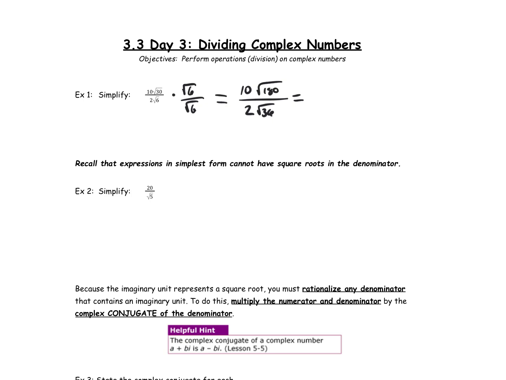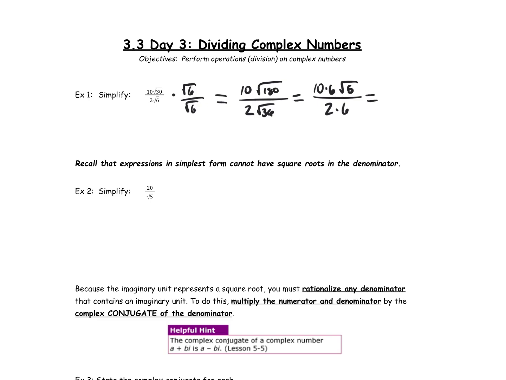There it is. 180 is divisible by 36. So that becomes 10 times 6, because the square root of 36 is 6, times the square root of 5. And on the bottom, we have 2 times the square root of 36, which is 6.